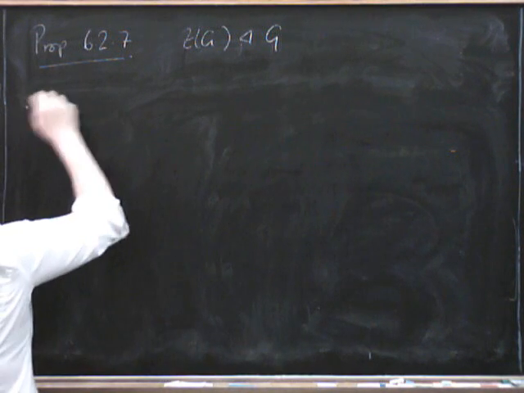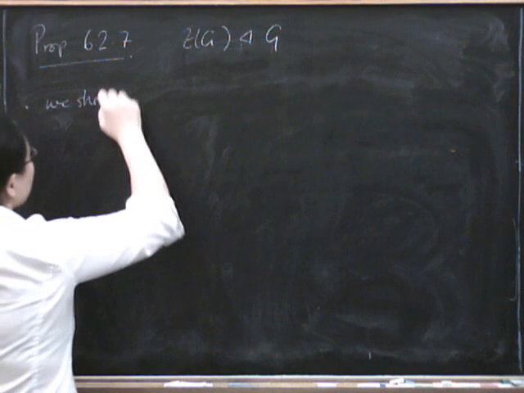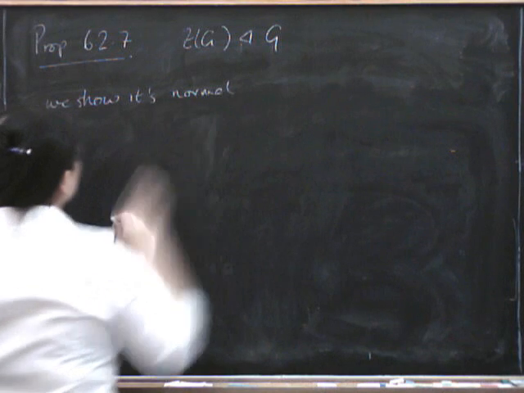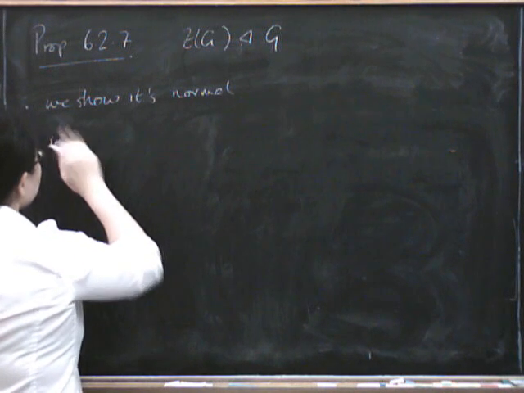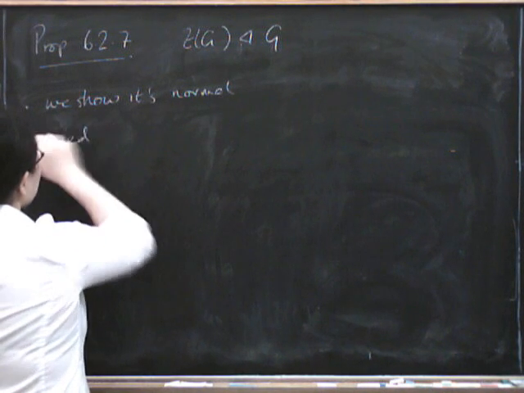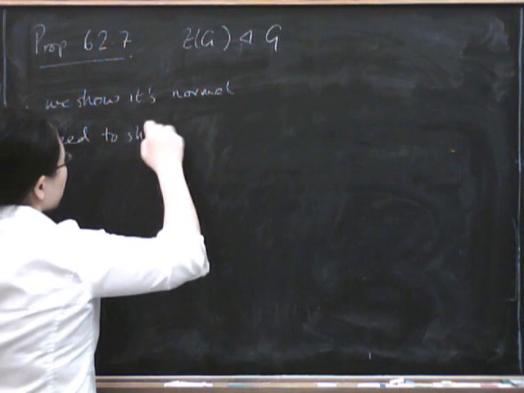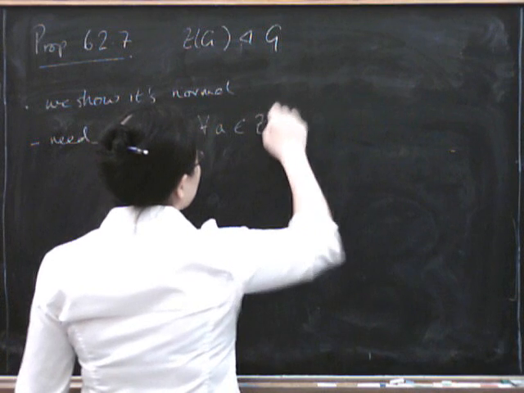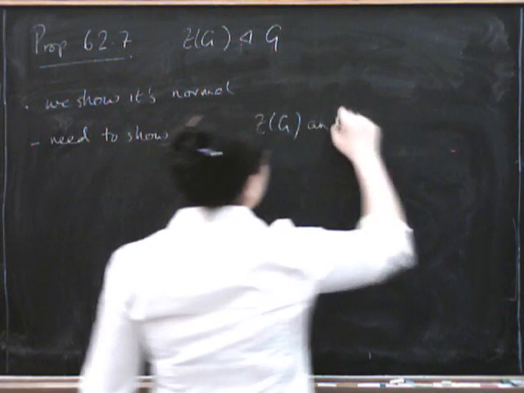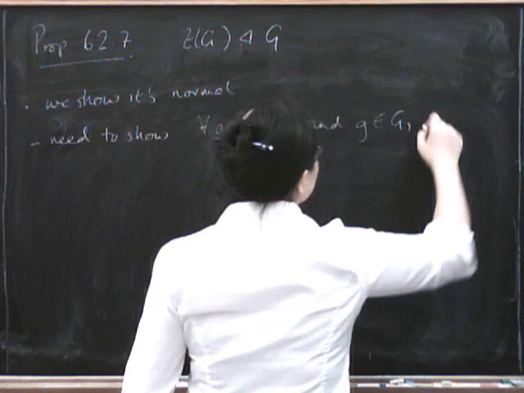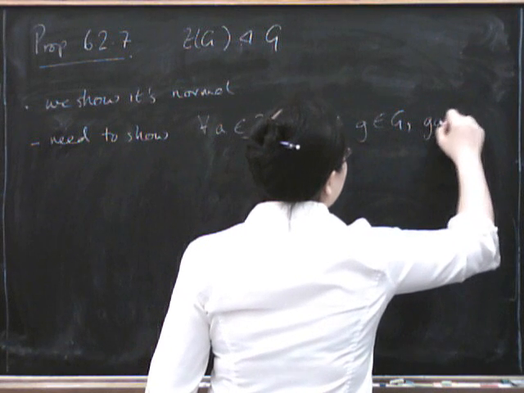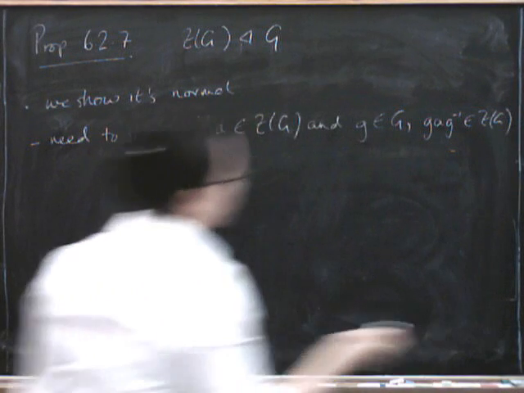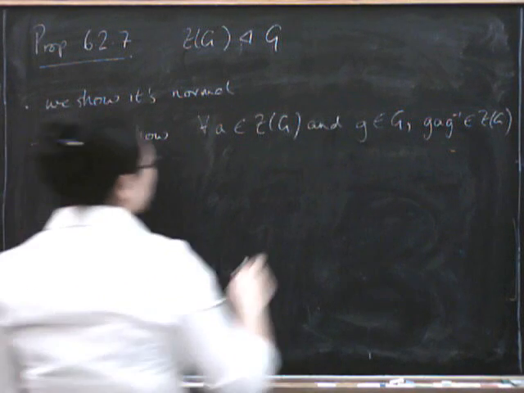We show it's normal. So what do we need to show? We need to show that for all a in the center and g in G, gag^-1 is also in the center. That's the definition of being a normal subgroup, right?